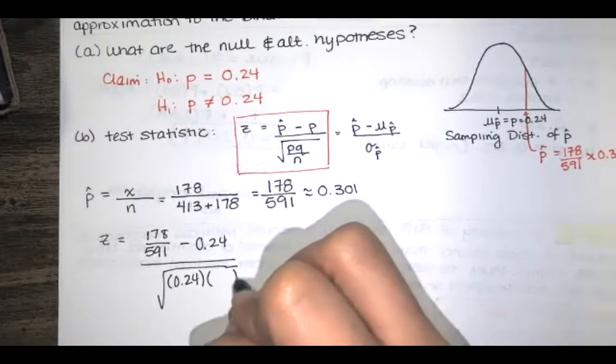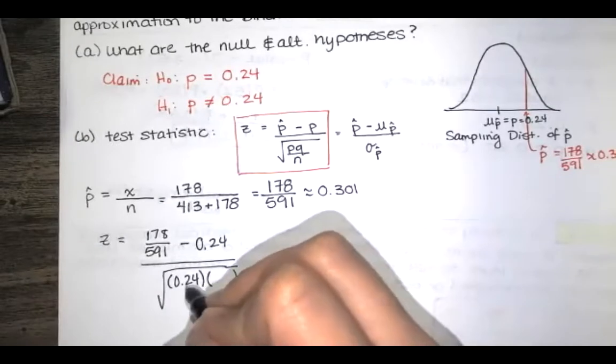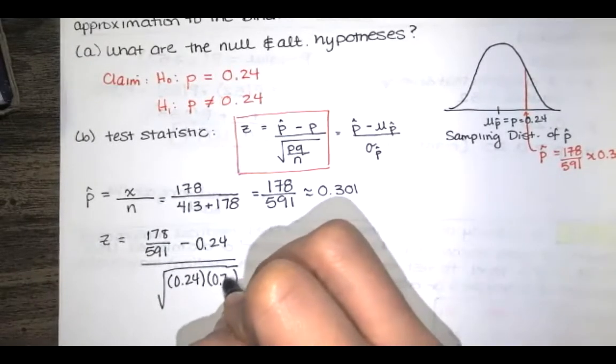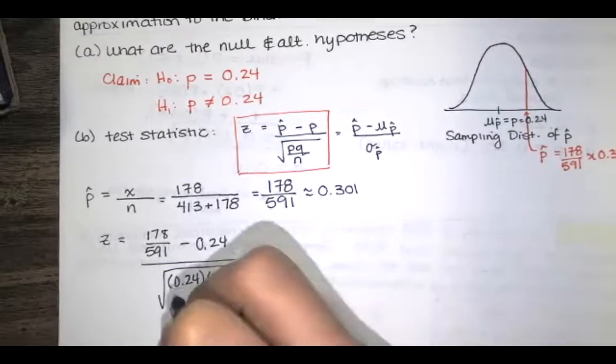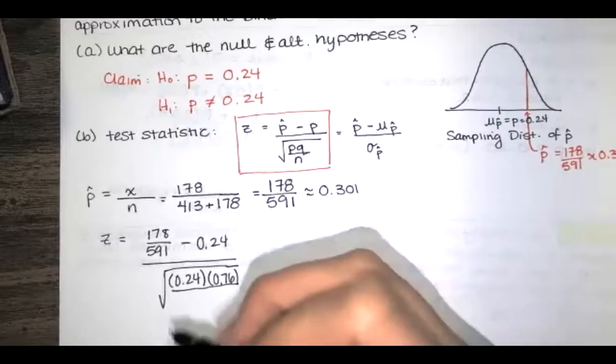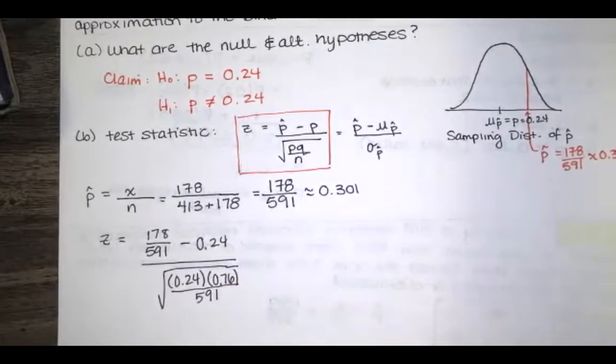We write that in decimal form. And the complement of that, the probability of getting another color, is 1 minus 24%, which is 76%, or in decimal form 0.76. And then we divide by the sample size, which in this case is 413 plus the 178, which was 591.